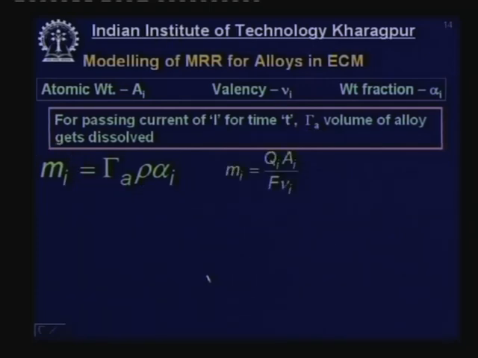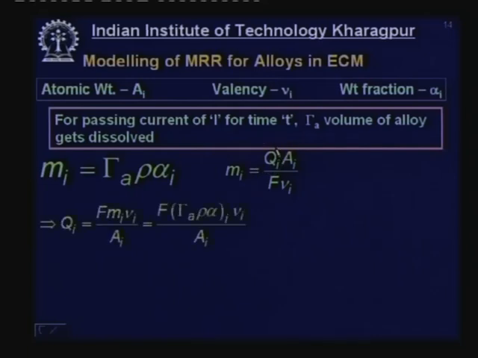Now comes the same thing, Mi equal to Qi into Ai divided by F into Vi. This was the expression that we have obtained earlier as well. So, to remove M1 amount of material of element 1, you require Q1 amount of charge.